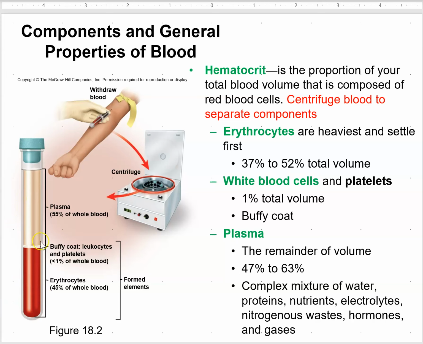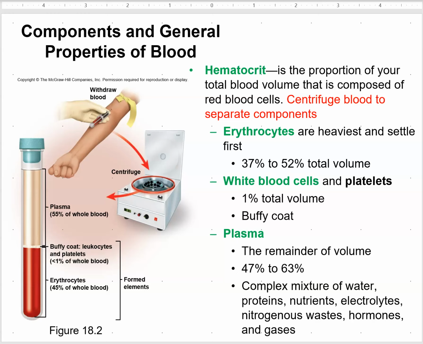The topmost layer over here is the plasma. Plasma in a normal person makes up approximately 55% of the whole blood. And if you've heard of plasma and serum, serum is basically plasma devoid of clotting factors.